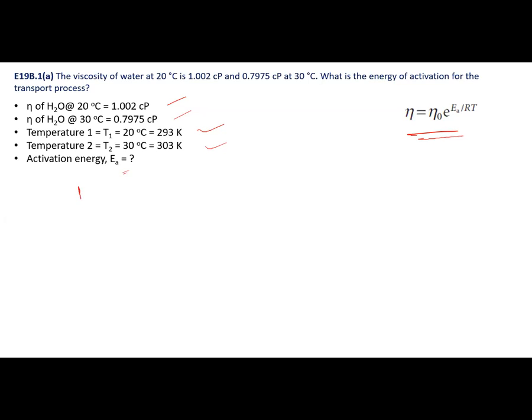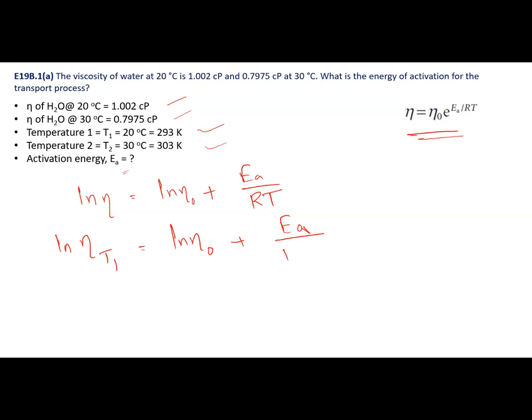We can take natural logarithms on both sides of this equation. Then it becomes ln eta is equal to ln eta naught plus EA over RT. Since I have two different viscosities at two different temperatures, I might label this as ln eta sub T1 is equal to ln eta naught plus EA over RT1, because eta naught is a constant and doesn't change with temperature.